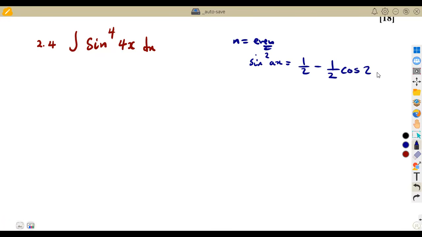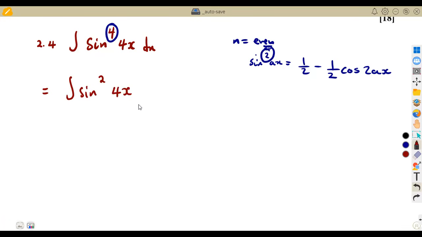I explained this identity also. If it is a cos, it becomes a positive here, but for a sine, it's a minus. So we are supposed to write this in terms of sine squared, so this is going to give us the integral of sine squared of 4x.